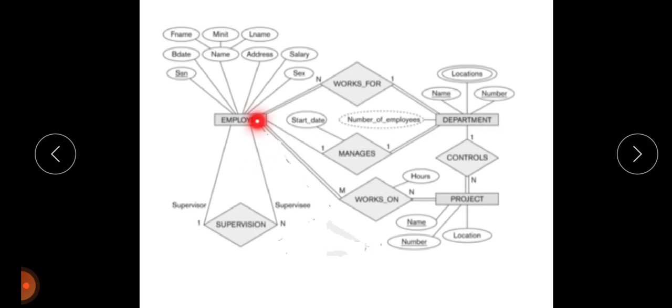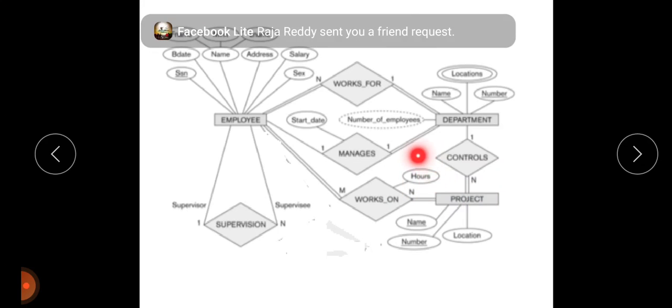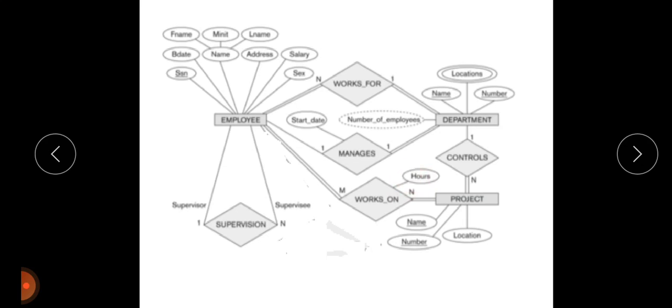Any one employee manages one department. Many employees work for the project. Again you observe here, this is an entity, this is a relationship having an attribute, called a unary relationship. Higher than 2 degree.